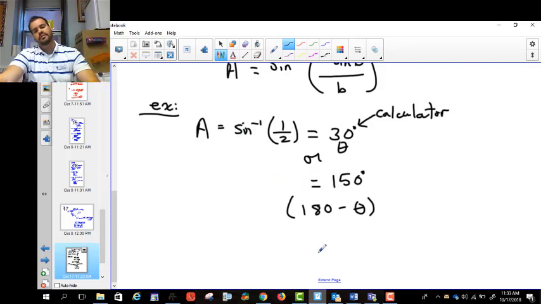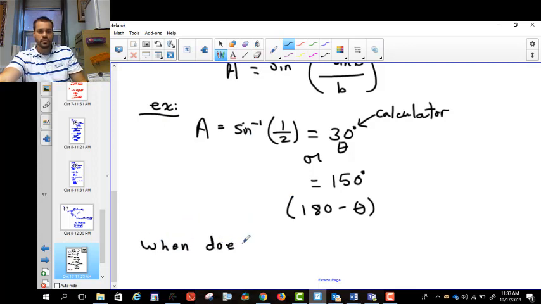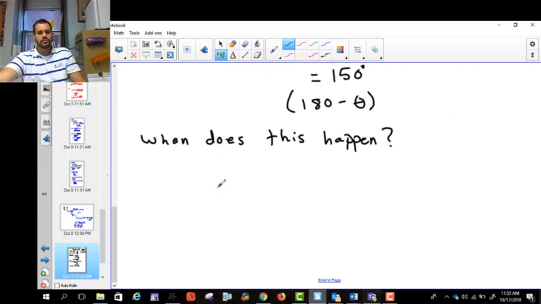So when does this apply? We do that when we have a situation where we have side-side angle. We have two sides and an angle. That's when I have to look for it, and it happens when you're given side-side angle.